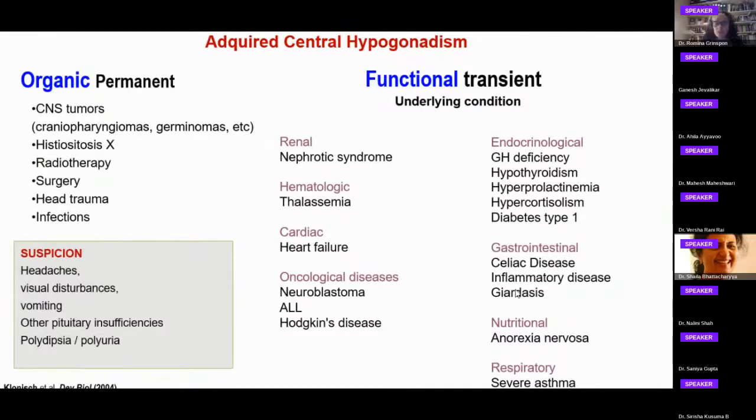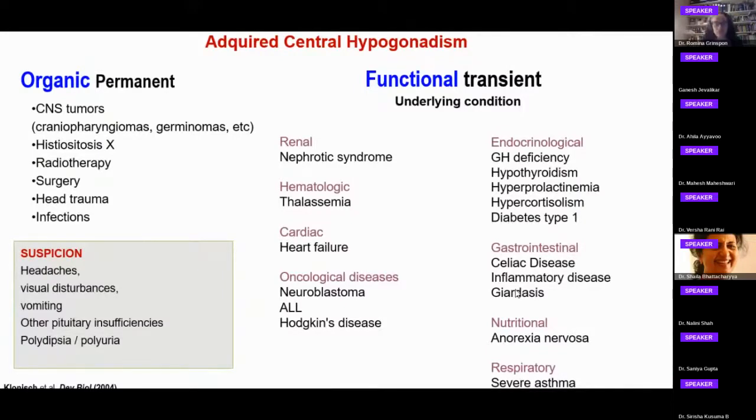It's very important to make a good physical exam and a good anamnesis: headaches, visual disturbance, vomiting, other pituitary insufficiency, polyuria, and polydipsia.